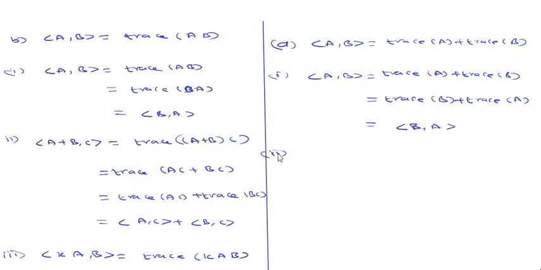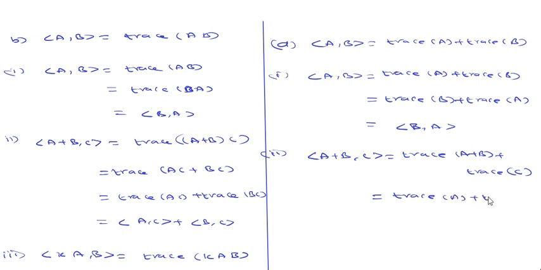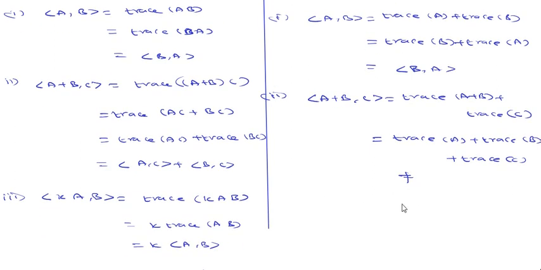So the first is satisfied, and the second one, ⟨A + B, C⟩, will be equal to trace of A plus B plus trace of C. So this can be written as trace of A plus trace of B plus trace of C. Definitely, this will not be equal to ⟨A, C⟩ plus ⟨B, C⟩.